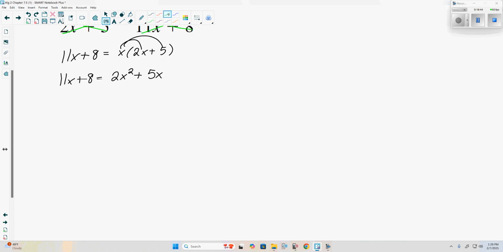Now, this is the first one we've had today where we actually have a variable with an exponent bigger than 1. We have a 2x squared. So the first thing we need to do is get this equation equal to 0. So what can we do first? I would go towards the 2x. I wouldn't subtract the 5x.